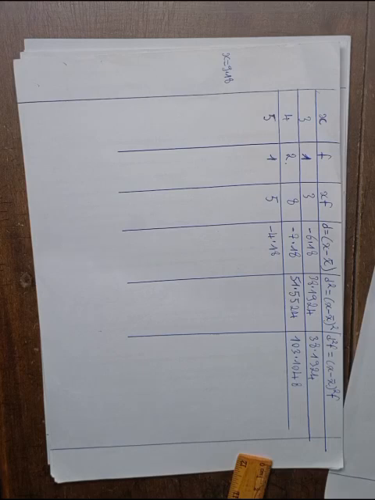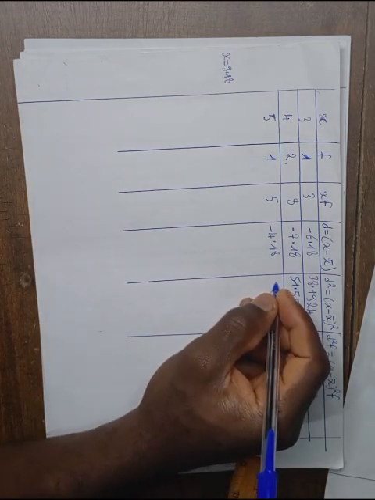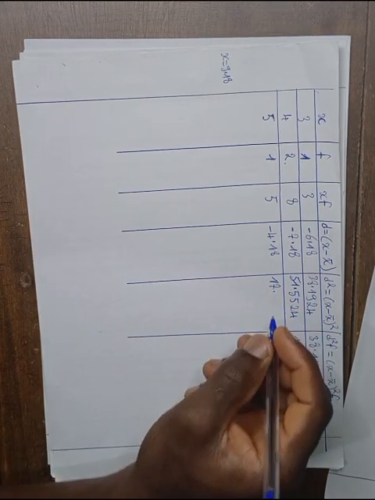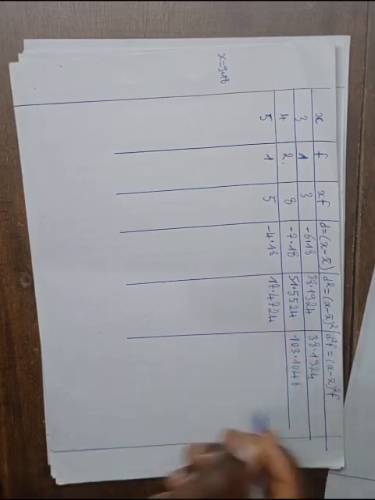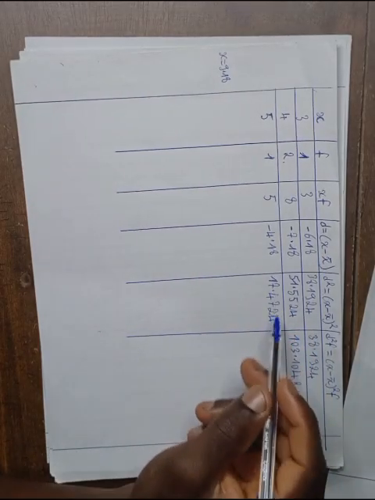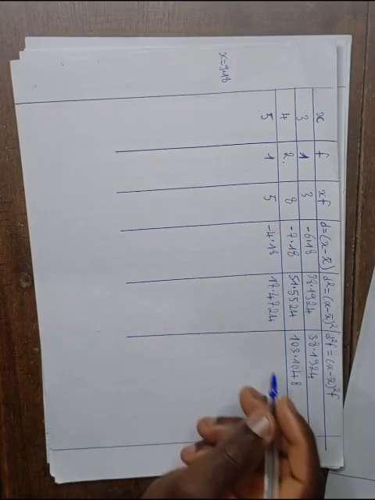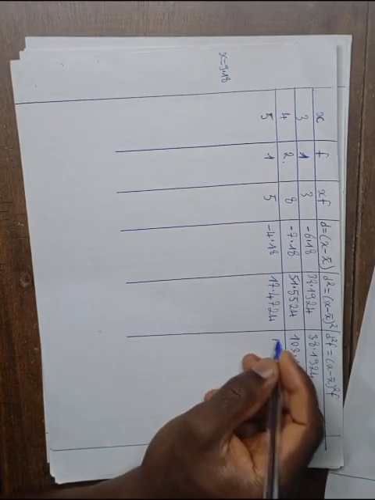Next, we need the deviation squared. Negative 4.18 squared gives us 17.4724. Next, we take the deviation squared times the frequency. The frequency is 1, so it remains the same.